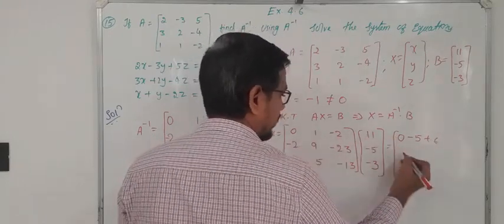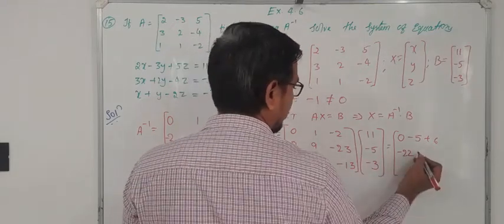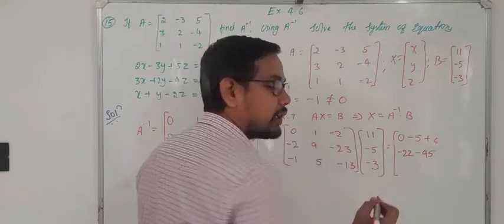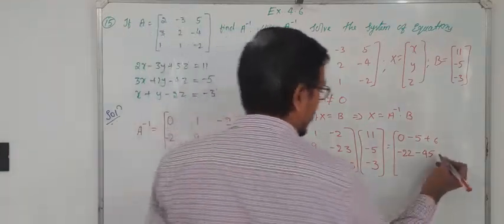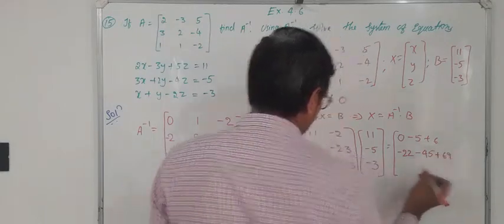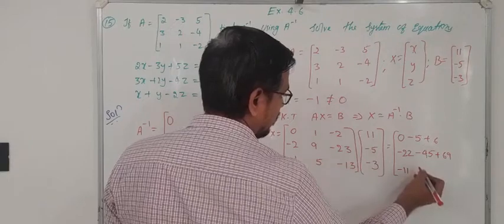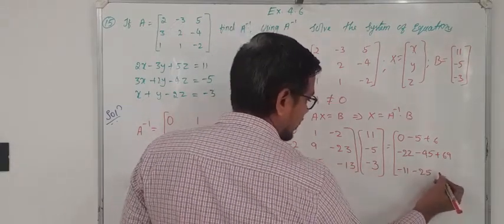Then minus 2 into 11, minus 22; plus 9 into minus 5, minus 45; minus 23 into minus 3, plus 69. Then minus 1 into 11, minus 11; 5 into minus 5, minus 25; minus 13 into minus 3, plus 39.